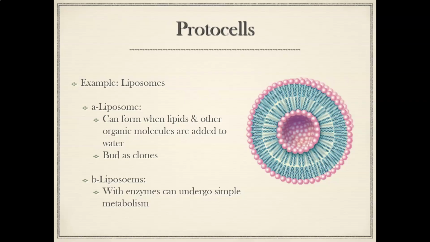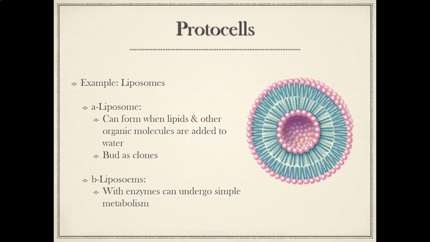This is just one example of some protocells. So liposomes are, again, sort of these early protocells that we were creating in the lab, giving us just this idea that this was a feasible hypothesis, right? So A liposomes can actually form when lipids and other organic molecules are added to water. They're also able to bud as clones. This is kind of what you're going to be replicating in the lab.